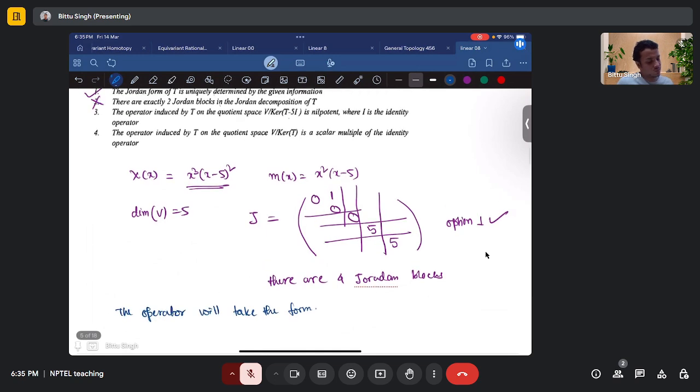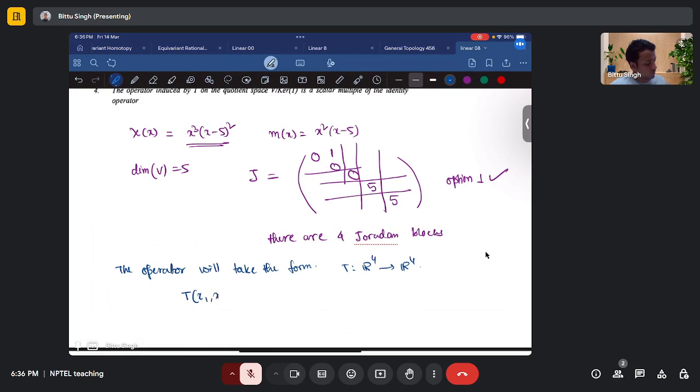Let us assume that because up to isomorphism, all finite dimensional vector spaces are the same, we may assume the vector space as simply some R to the power n. Those kinds of things we can always assume. So let T be a map from R4 to R4.